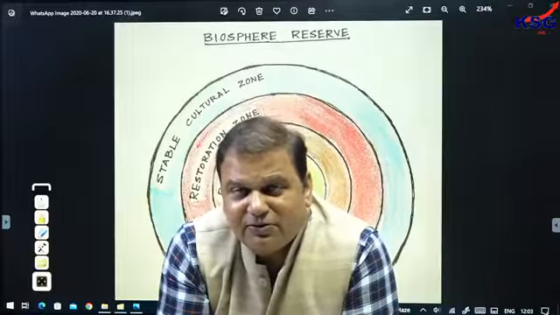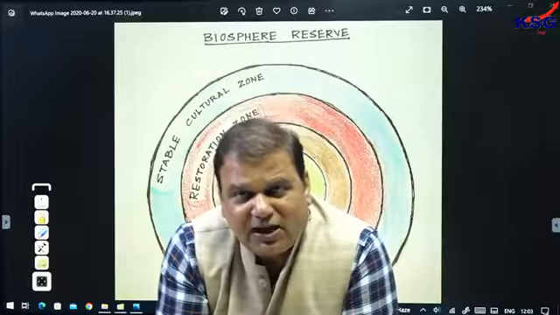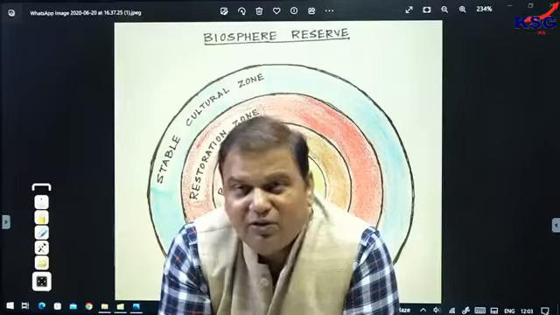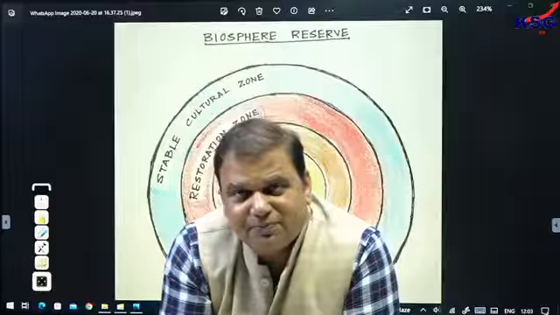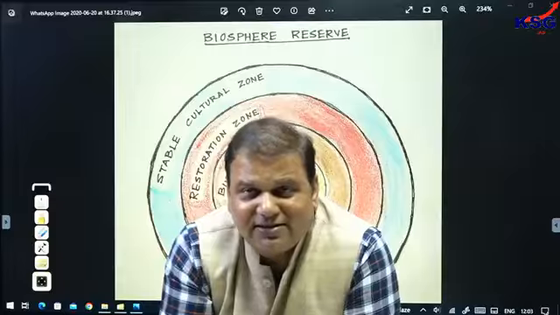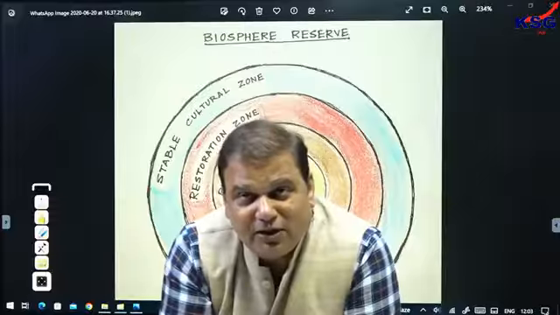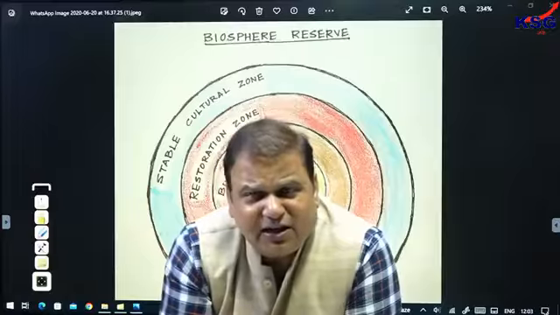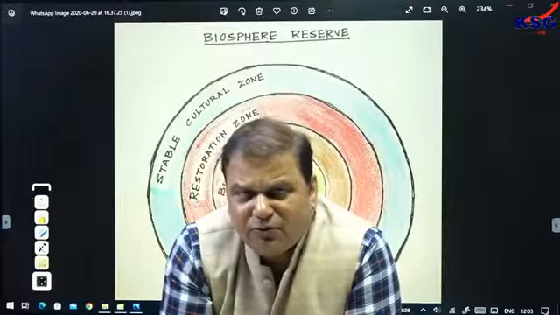And the infrastructure developed for tourism would be detrimental for the local ecosystem. So taking all these things into consideration, the Supreme Court banned tourism in the core areas of national parks. Clear?